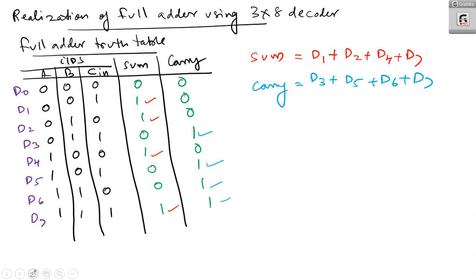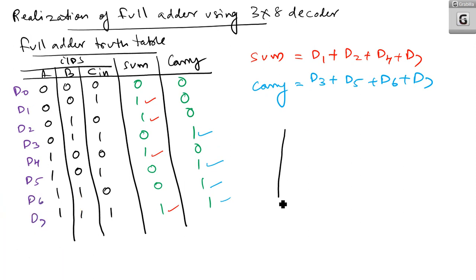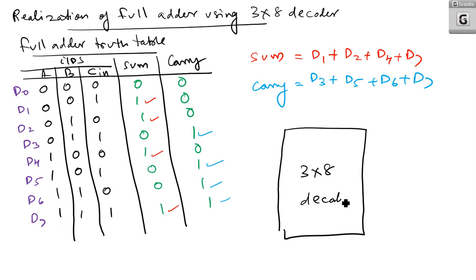Now I will draw the logic circuit. Here I am having a 3/8 decoder with three inputs: A, B, C in. How many outputs? I am having D0, D1, D2, D3, D4, D5, D6 and D7.